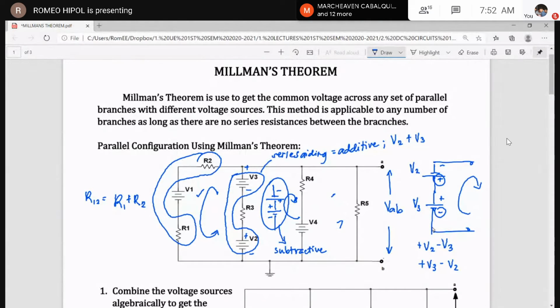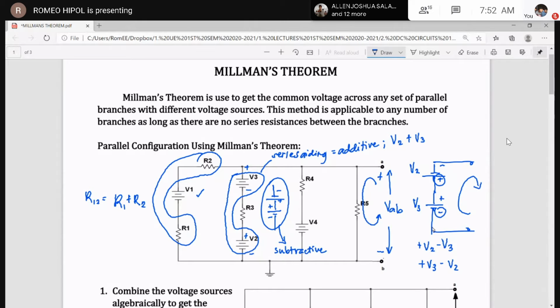So, ang gagawin nyo na lang, in applying Millman's theorem, iset nyo yung common terminal, for example, yung connection at the top. Ito yung common, di ba? Set nyo as positive terminal. Then, at the bottom, set nyo na negative. Then, for the loop direction, pwede kayo mag-set ng counterclockwise.